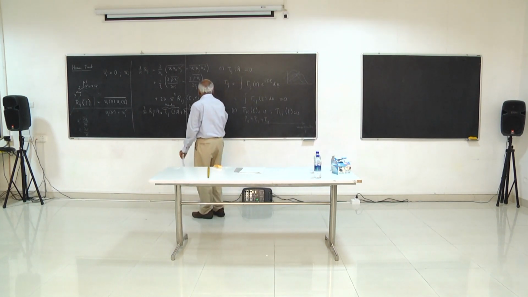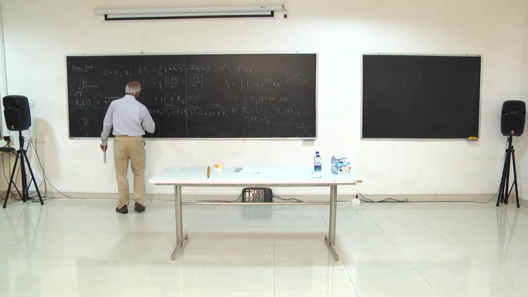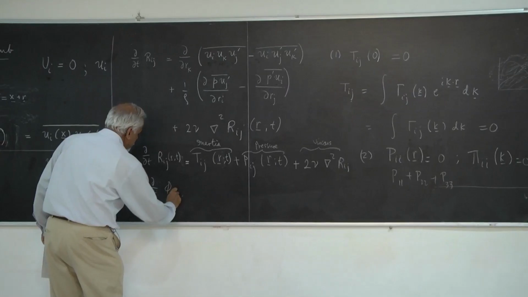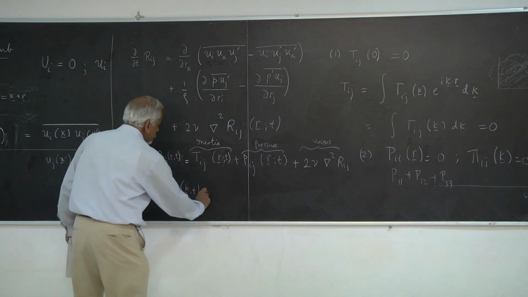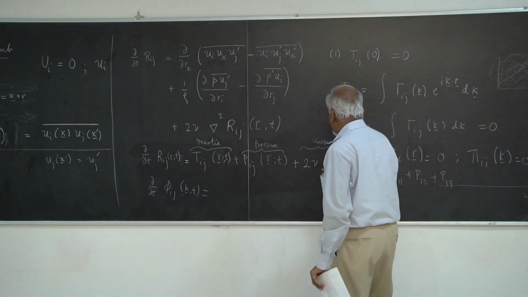So those are all very elementary things which I discussed very briefly, but you can say this more broadly. So here, if you Fourier transform this, I will have d by dt of phi ij, which is a function of k and t. Now here what happens?